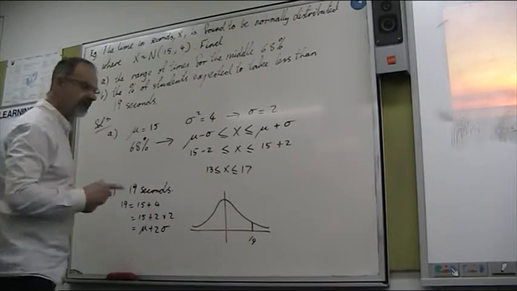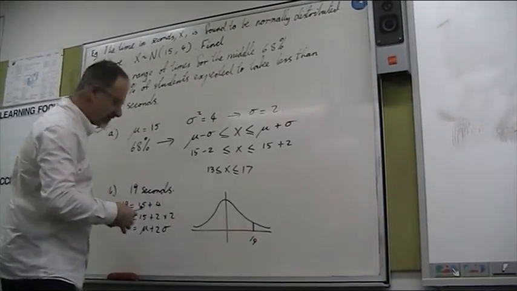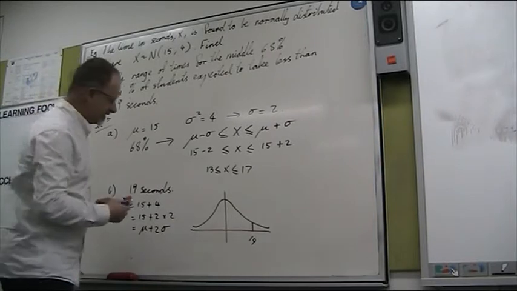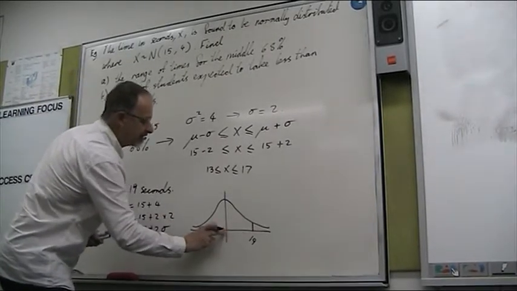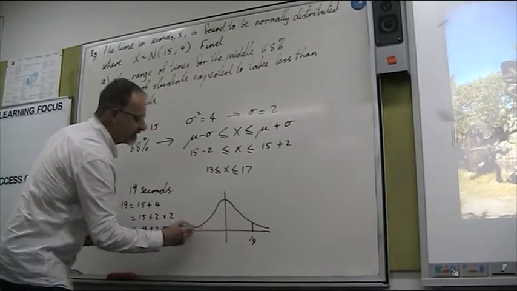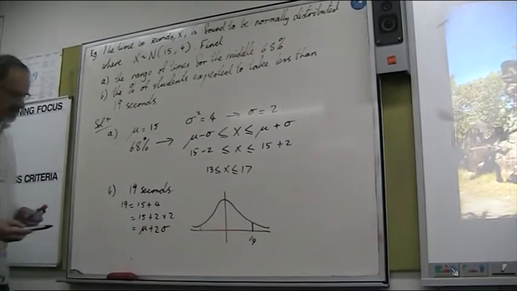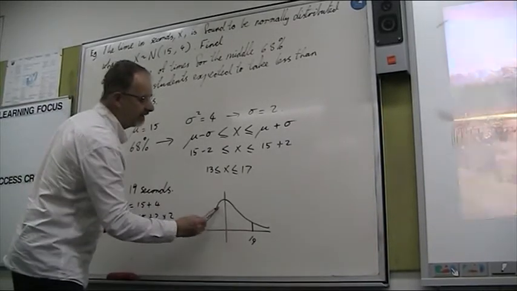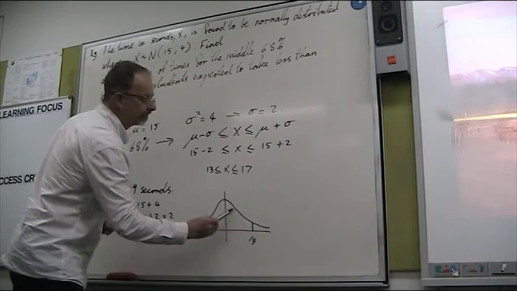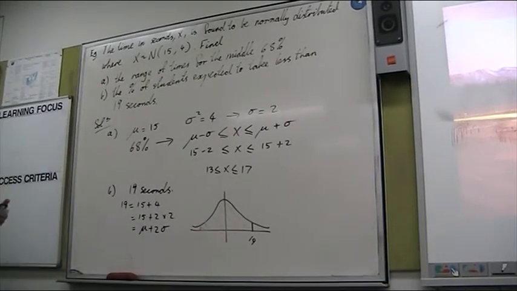Now, here's an interesting question. That's 2 standard deviations above. If I go down to 2 standard deviations below, this bit in here is how much? It's 95%.